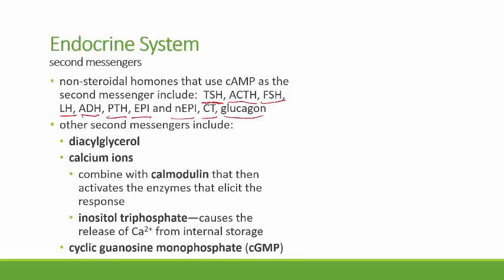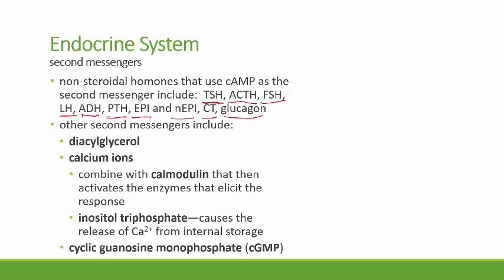And then a second kind of nucleic acid, guanine, can be used to produce cyclic guanosine monophosphate, cyclic GMP. So adenosine monophosphate and guanosine monophosphate are cousins, similar molecules. So lots and lots of materials can serve as second messengers.